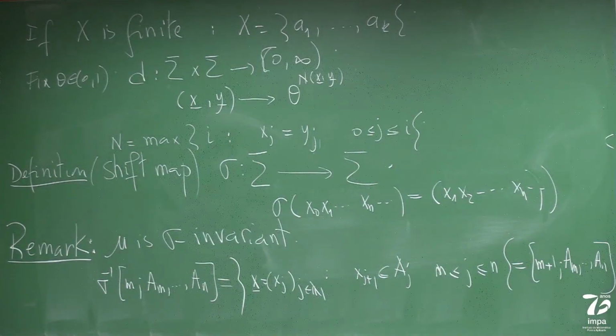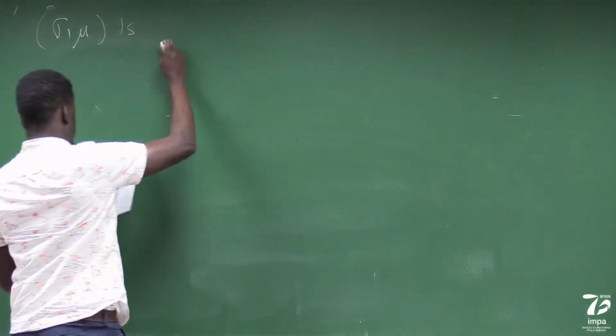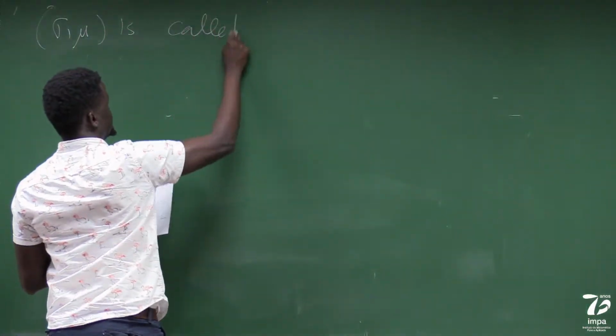This dynamical system, sigma with mu, is called a Bernoulli shift.